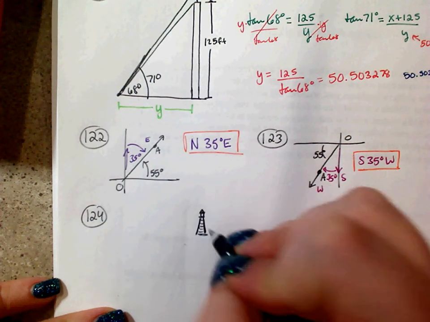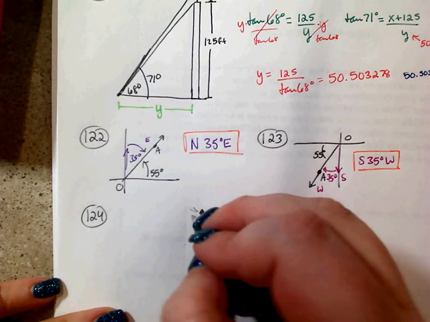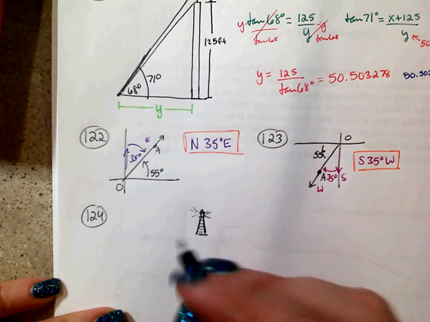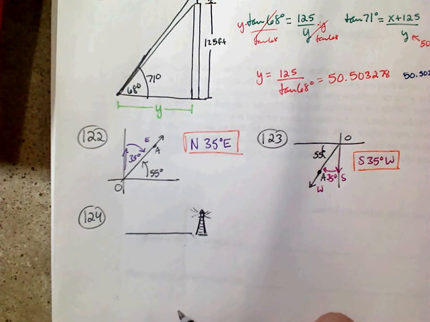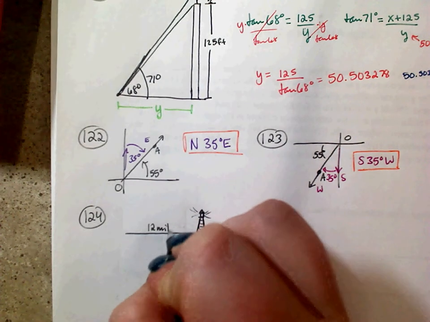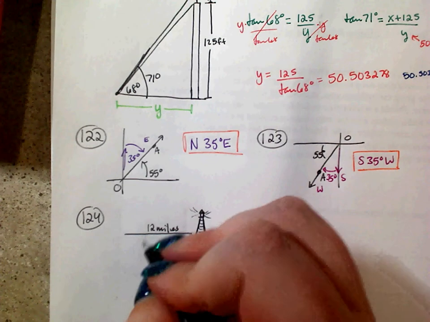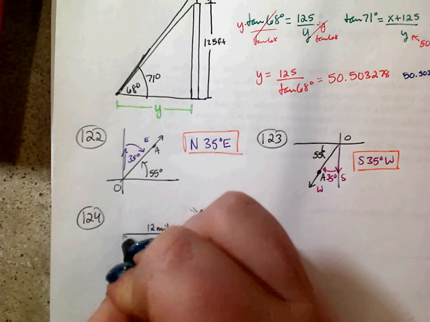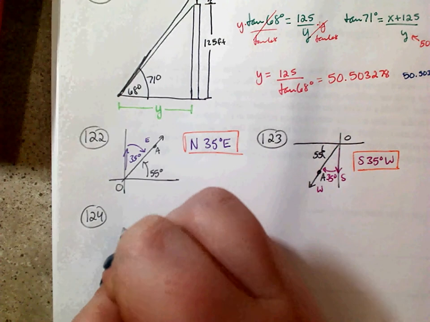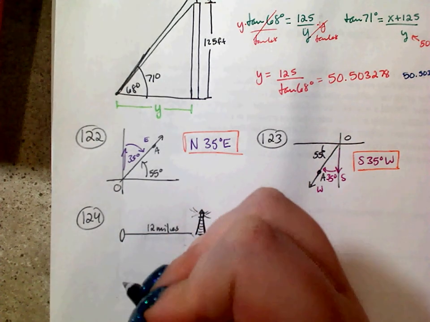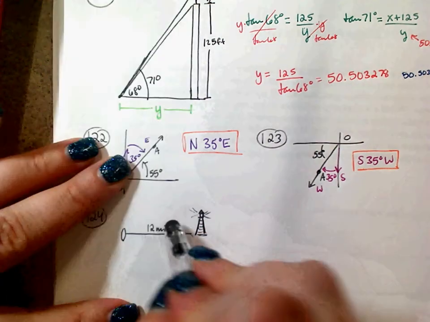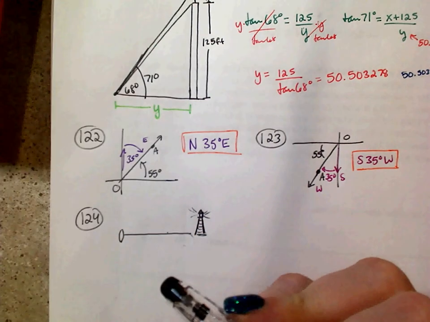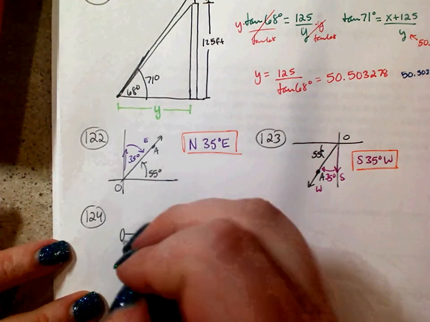Okay, so a ship is 12 miles due west. You got your ship. And then your second ship is... oh, no, it doesn't even say, it just says it's due west. The second ship is 12 miles south. Interesting. So this is 12 miles.